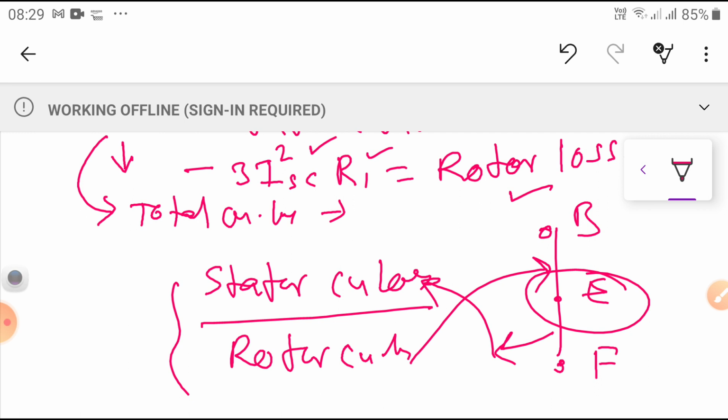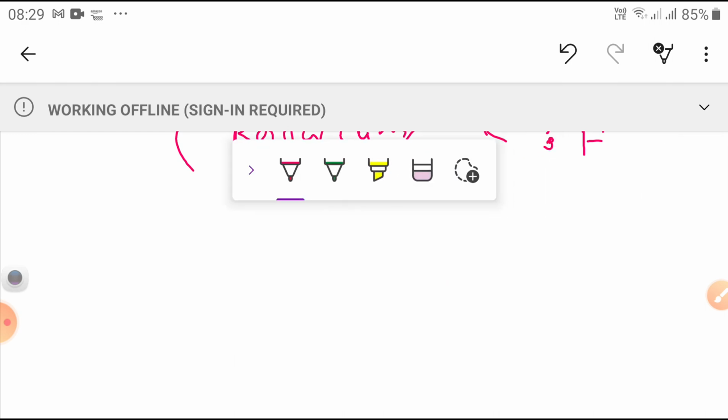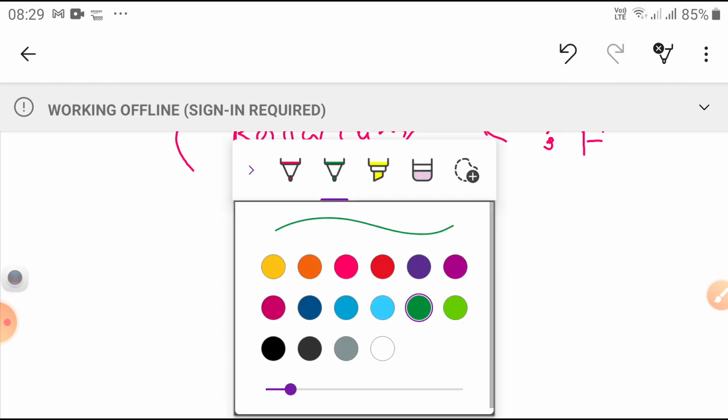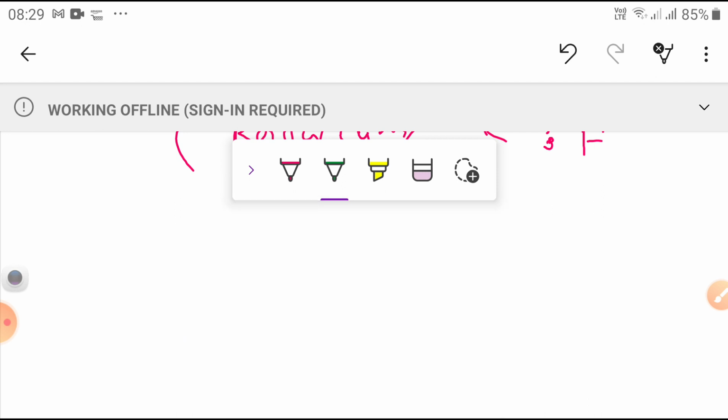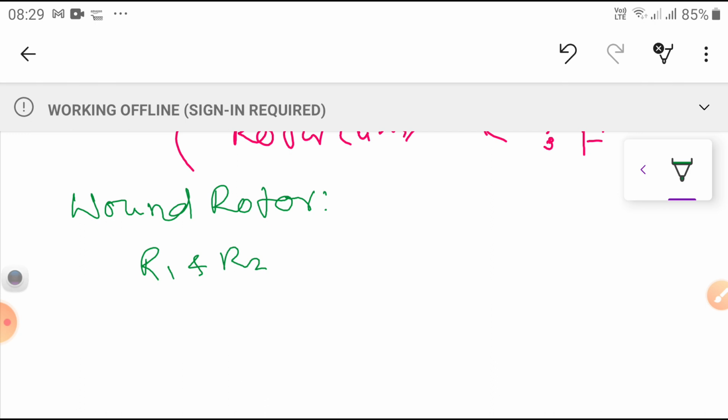Okay, so now coming to the wound rotor. What is the wound rotor? Here R1 and R2 are the stator and rotor resistances, because the rotor also has a winding. We can insert some external resistance also, but in the case of the short circuit test, we have to remove the external resistance.